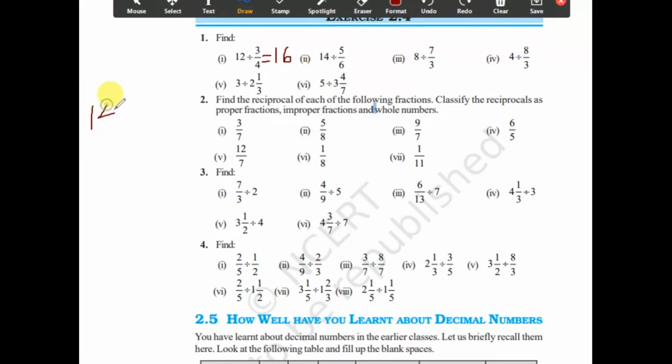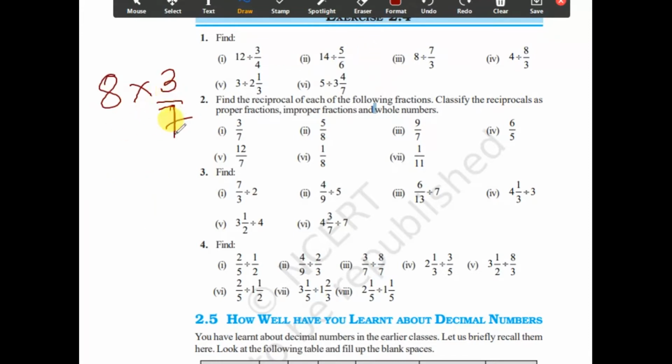Moving to the second one, we have to do the same thing here. 14 multiplied by 6 by 5. Here you see there is no common factor in these numbers, so we have to multiply it. So I will get 84 by 5. This is the answer, 84 by 5.